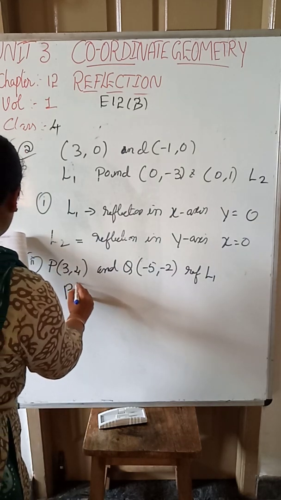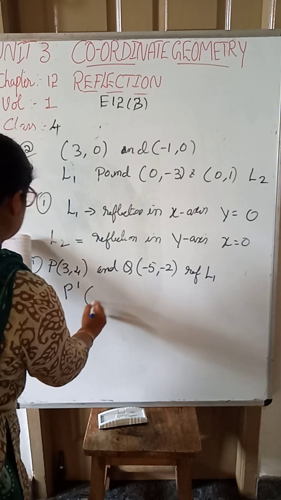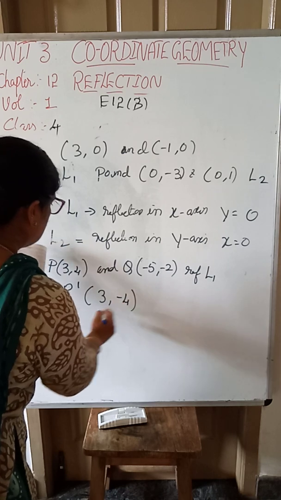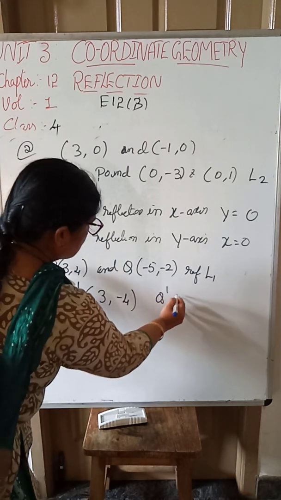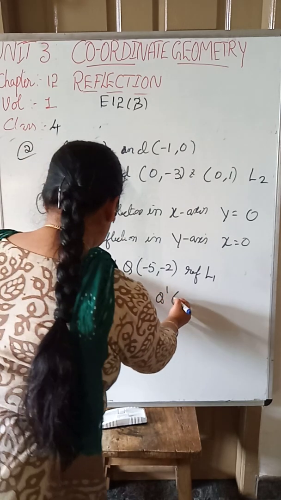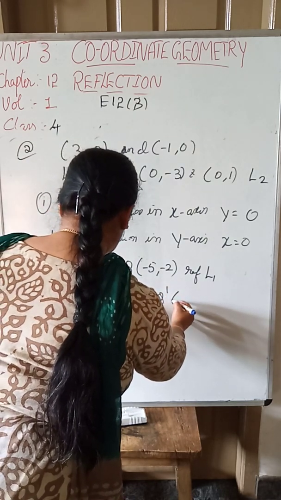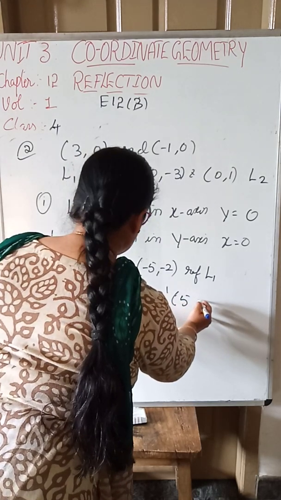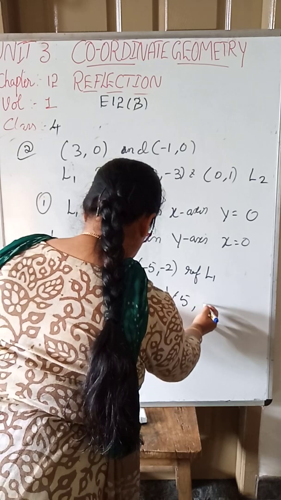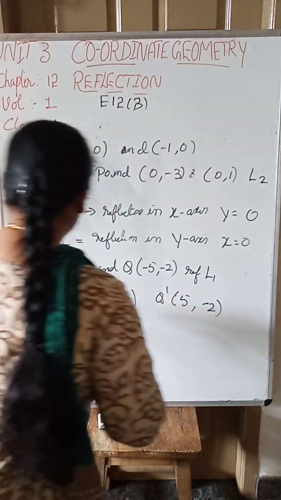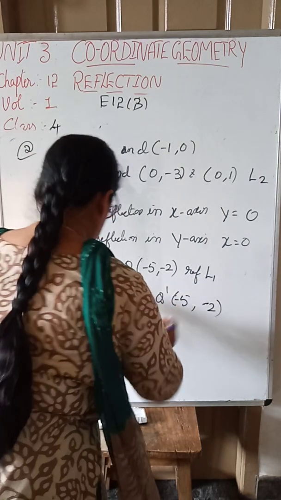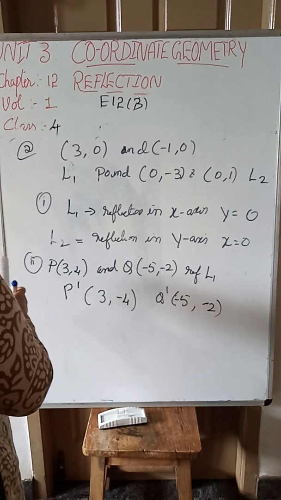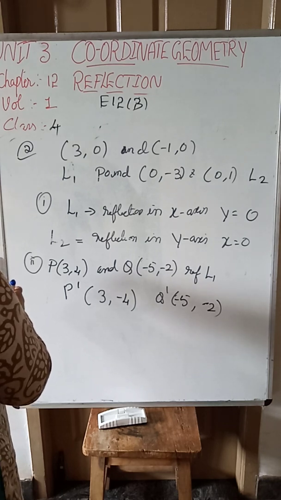P dash takes place at 3, -4 and Q dash takes place at -5, 2.